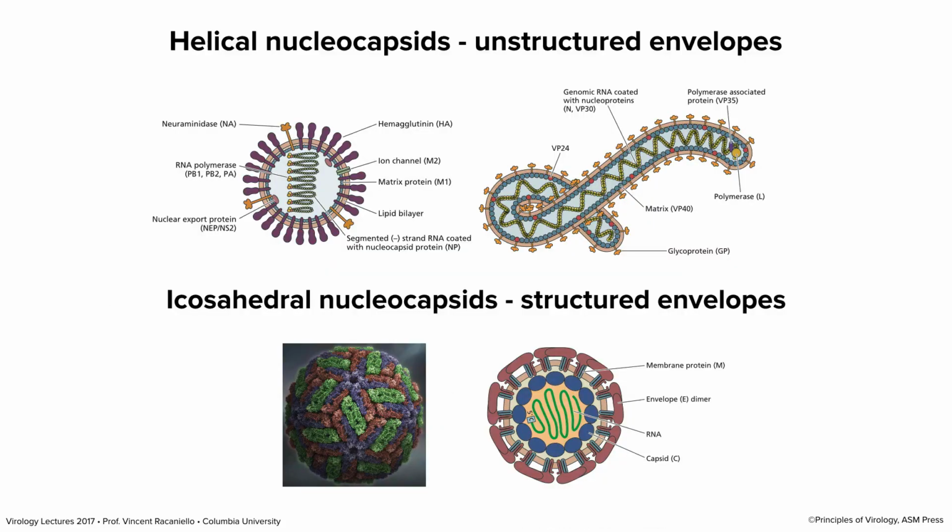But there are also viruses where the envelope is around an icosahedral capsid. And because the membrane glycoproteins can contact the underlying icosahedron, it gives them some symmetry. So here, for example, is such a virus where there is an icosahedral capsid surrounded by a membrane.